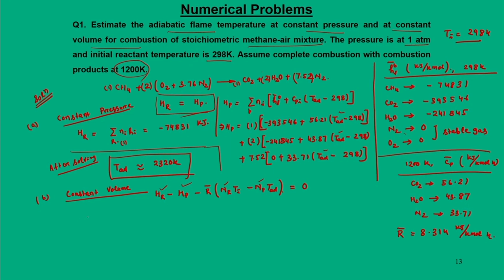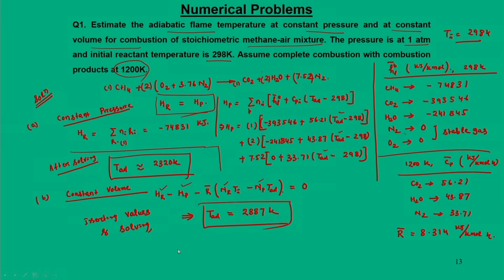So, by inserting these values and solving, we reach that the adiabatic flame temperature is 2887 Kelvin.